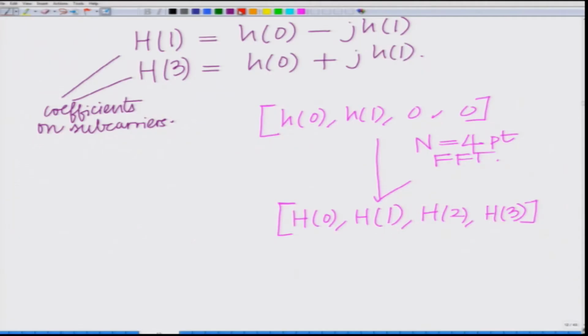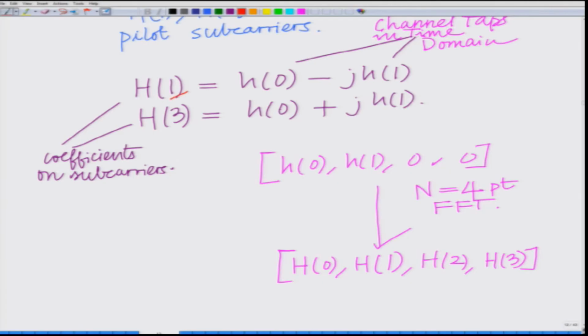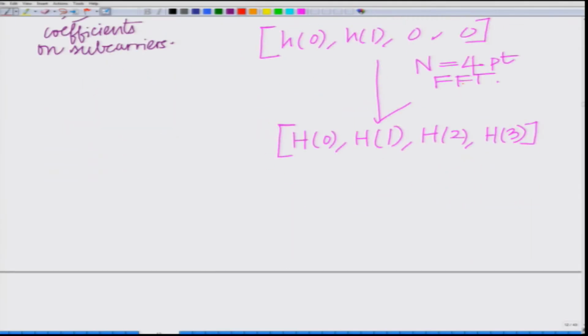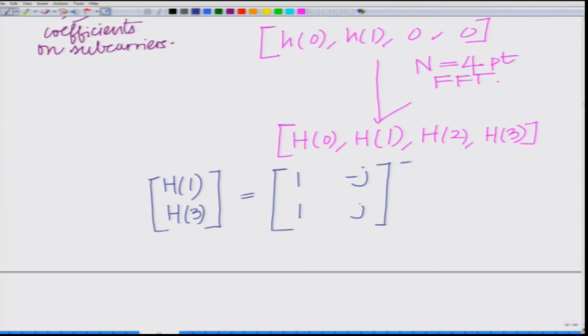So, capital H1, the channel coefficient across subcarrier 1, equals h0 minus jh1, and capital H3, across subcarrier 3, equals h0 plus jh1. Now I can write this in matrix form: H1, H3 equals the matrix 1 minus j, 1 j times the channel tap vector h0, h1.